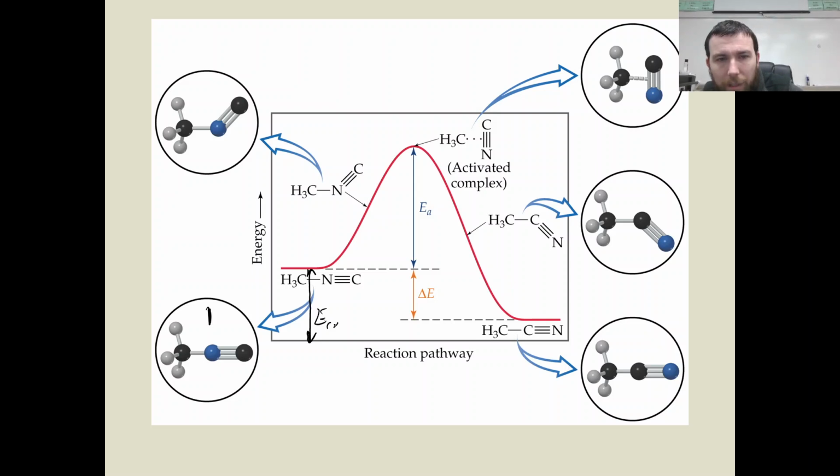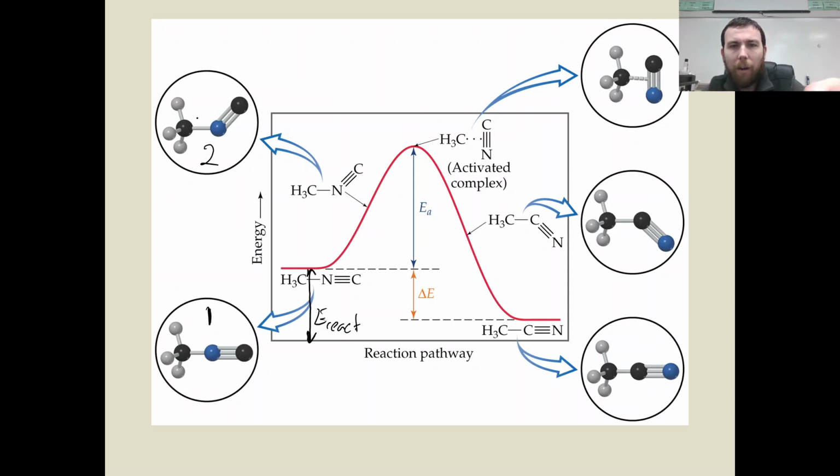We'll just say E react. And as we proceed, as energy is being input or as the molecules are moving, what we start to see in step 2 is what's in this bullet right here. Instead of it being a linear arrangement, it's becoming bent, so it's going to start to put strain on that bond right here.